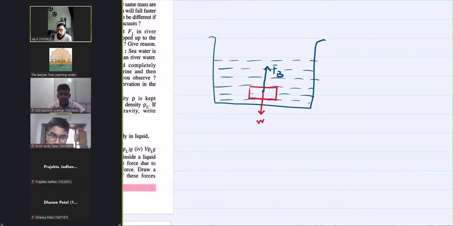When a piece of wood is left under water, the upthrust acting on the piece of wood will be greater than the weight of the wooden block. Since the net upward force is greater, hence the wooden block will soon rise to the surface of the water and starts floating over there.